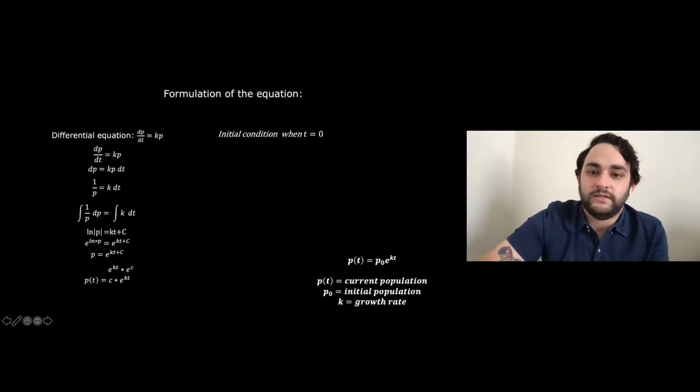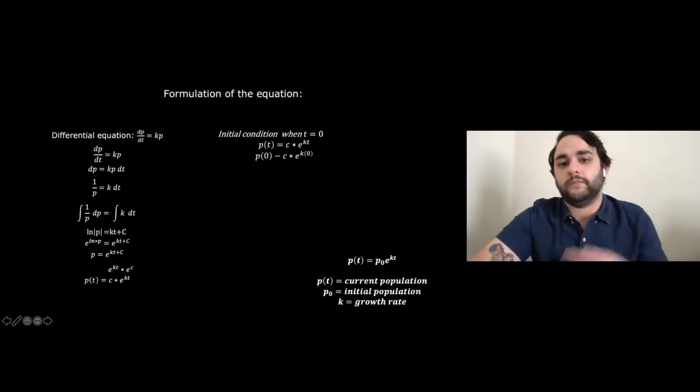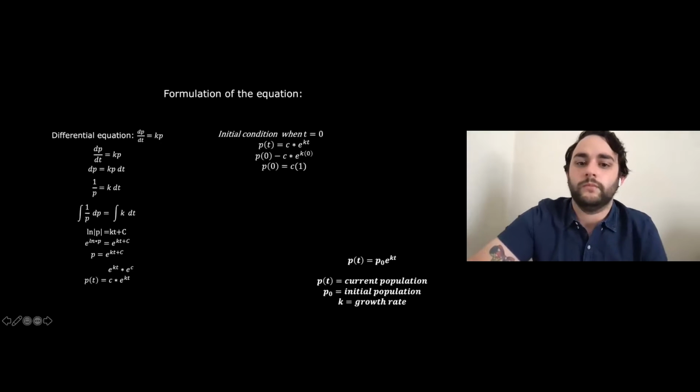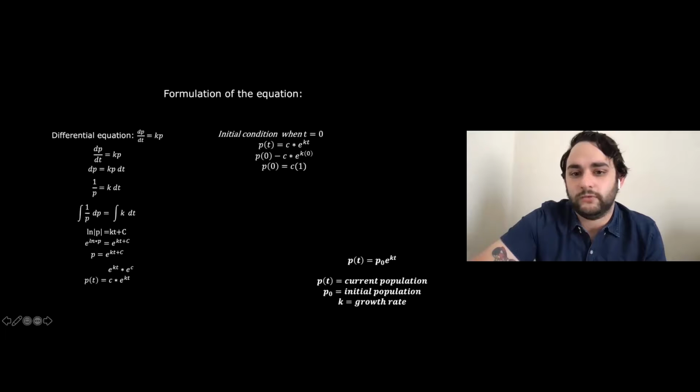Then we'll set t equal to 0, and when that happens, you have p(0). Whenever you have anything raised to the power of 0, it becomes 1.